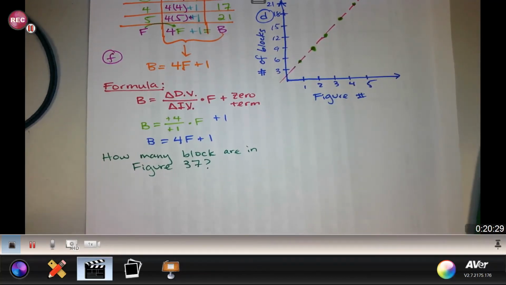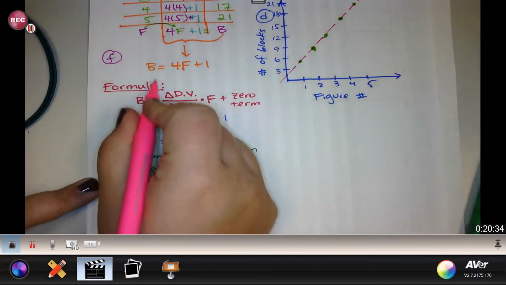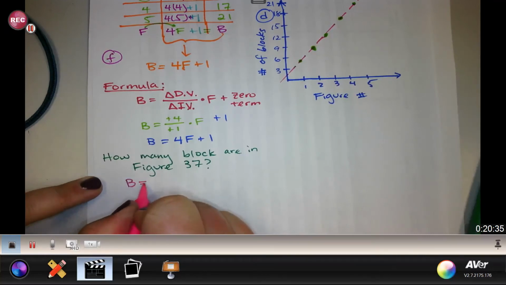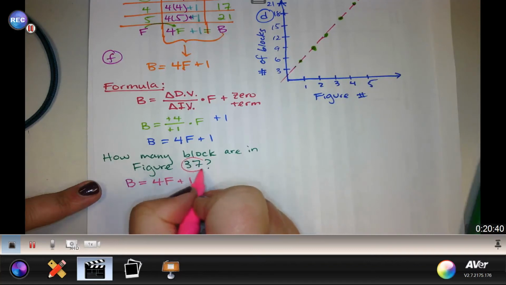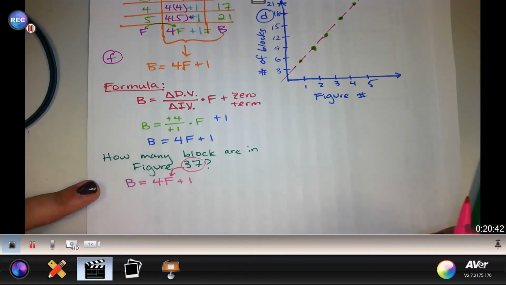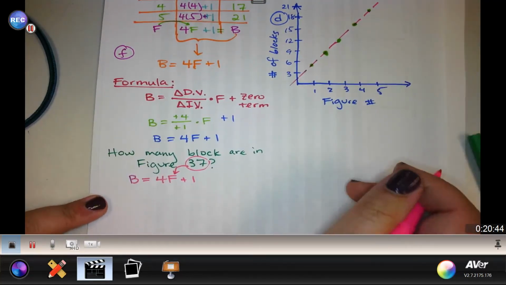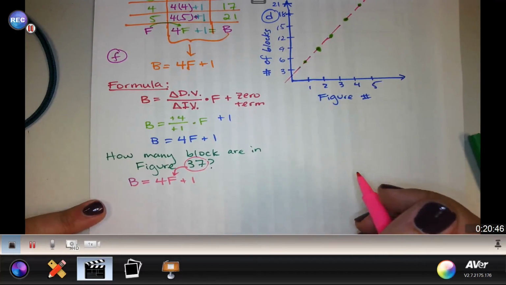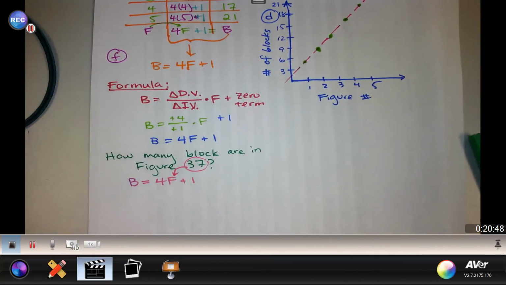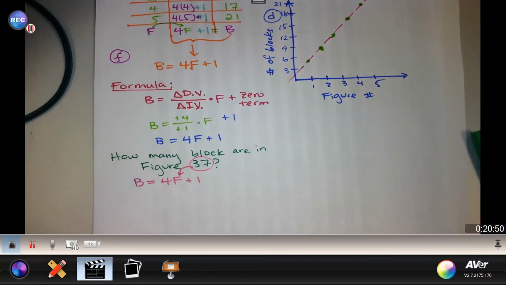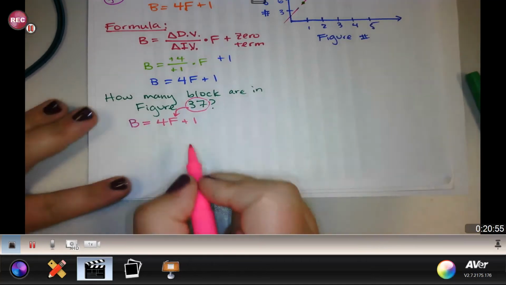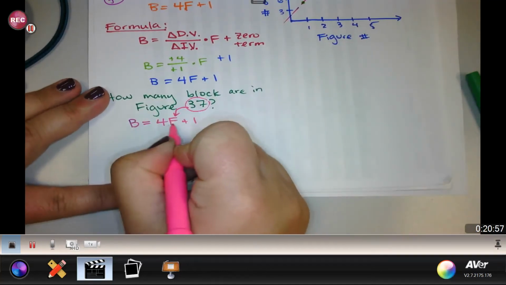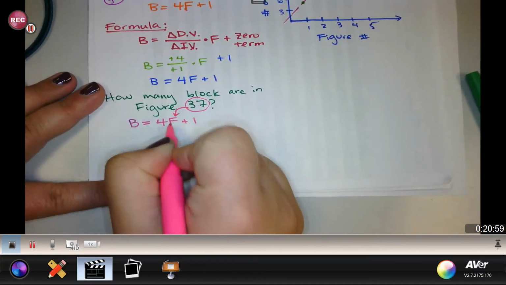Now, what I'm looking for on the test, so hopefully you're watching this and listening, you bring the formula down, B equals 4F plus 1. The big thing I'm looking for is for you to take this number and plug it into the right spot. Don't just do it on your calculator or in your head and just give me an answer. That's not what I'm looking for because, again, for all I know, Jessica in 7th period texted that to you. I don't know. So I need to see you plug it in. So you plug that in for F because it's the figure number and that's what F represents.